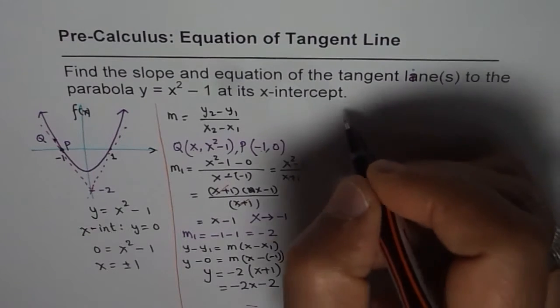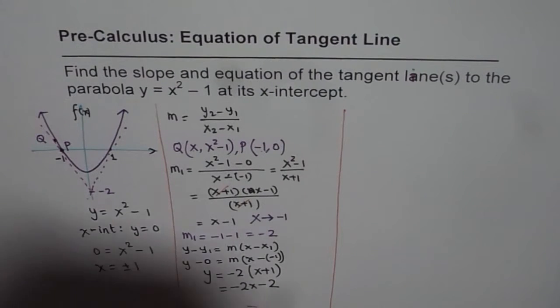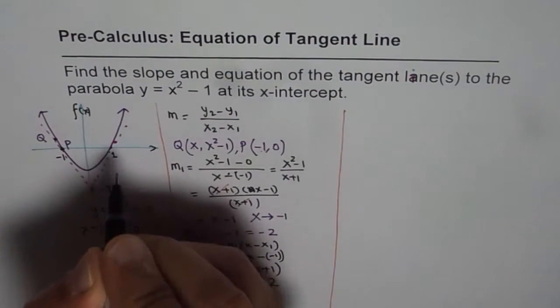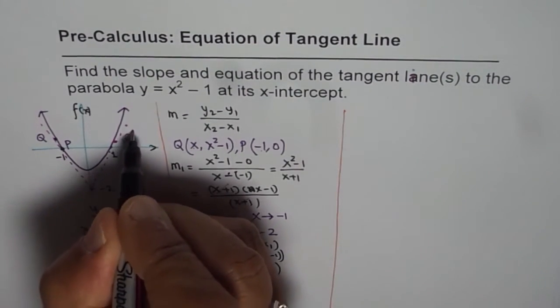Now we'll follow the same method and find the equation of the second line, right? The concept is exactly the same as what we did. So let's use another point this time, very close to 1, and we'll call this point q dash.